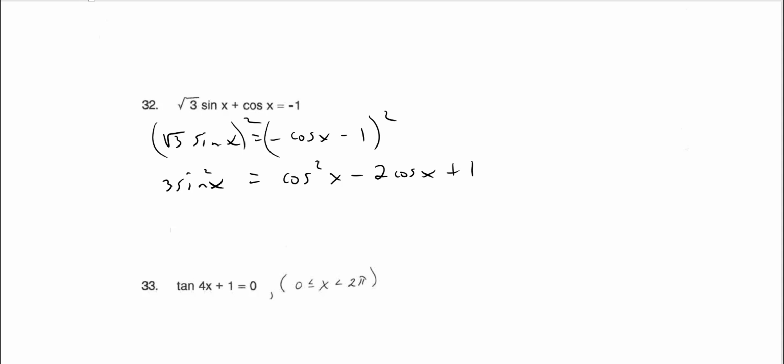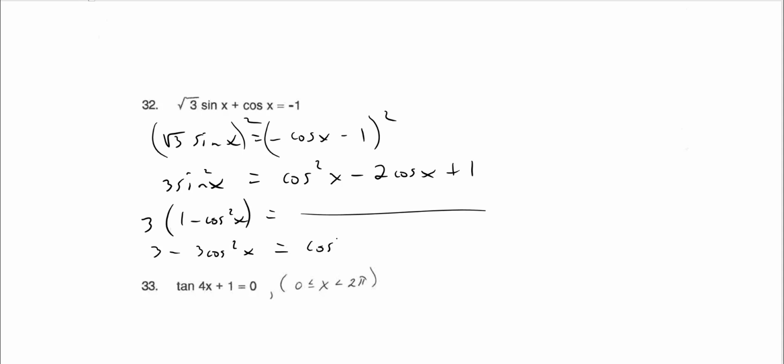And the deal is that 3 sine squared of x, I'm going to change that into 1 minus cosine squared of x, so it's 3 minus 3 cosine squared of x equals that.